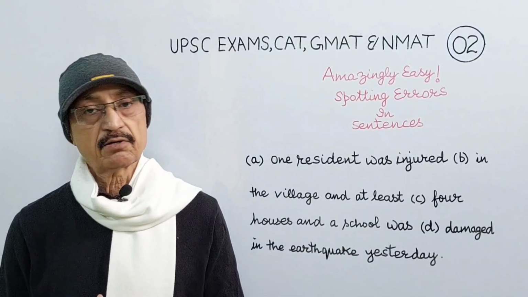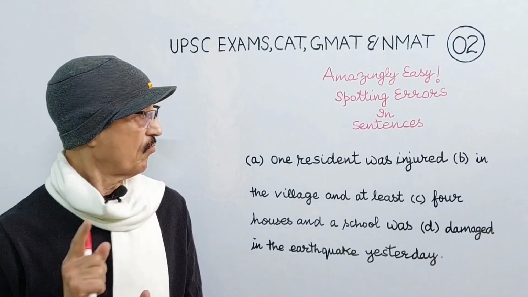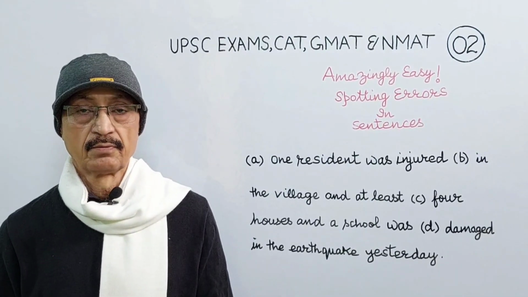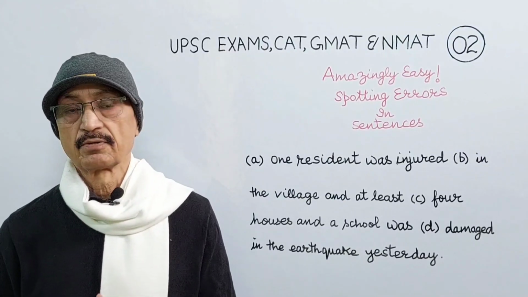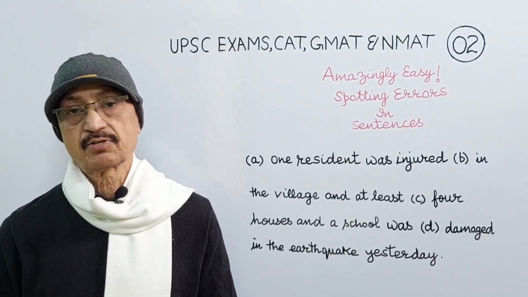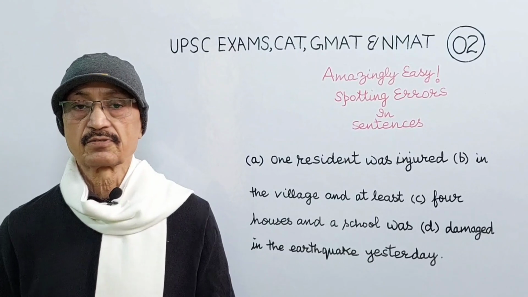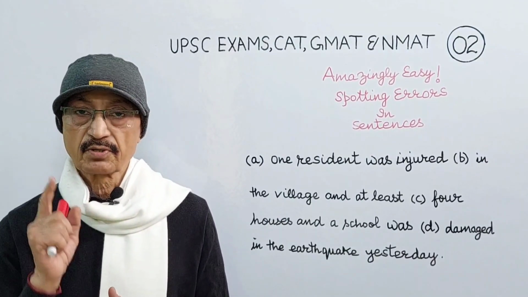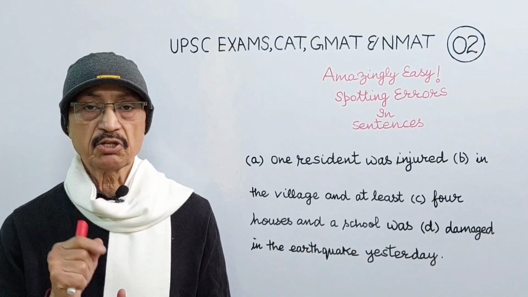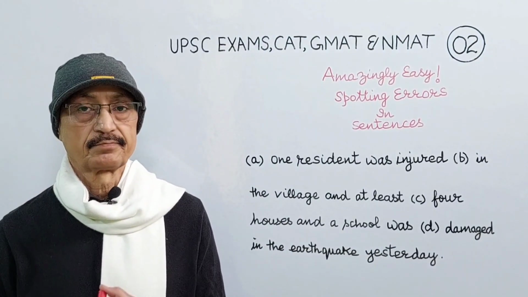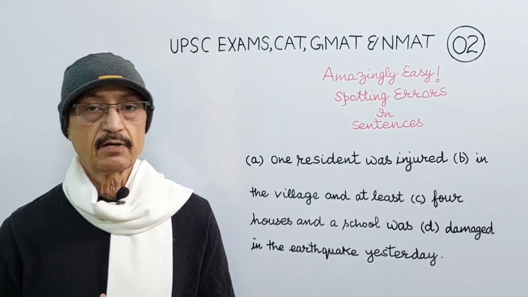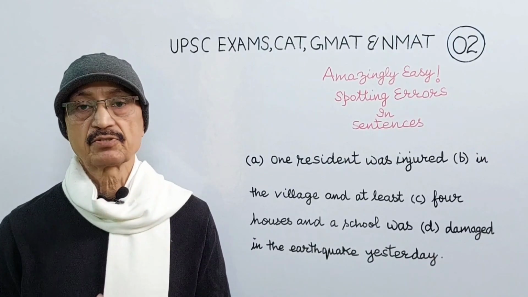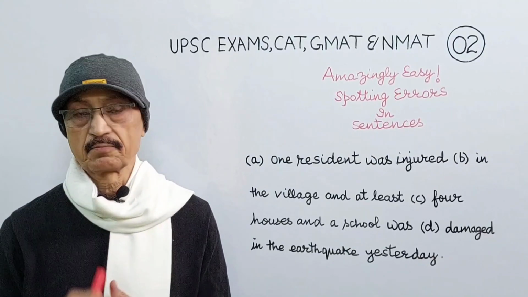Let us take this sentence. One resident was injured in the village and at least 4 houses and a school was damaged in the earthquake yesterday. Let us try to find out which part of this sentence contains an error.